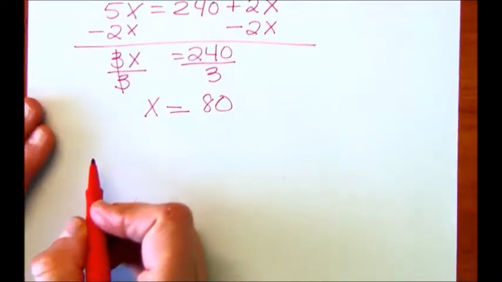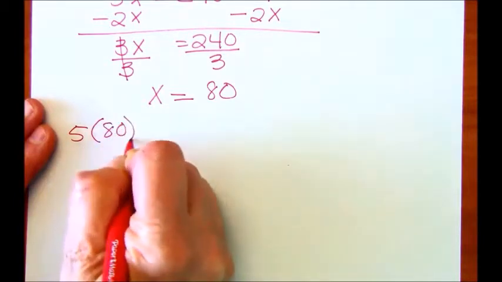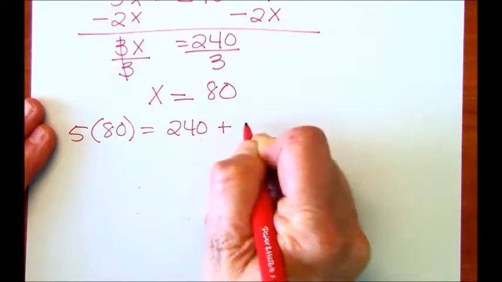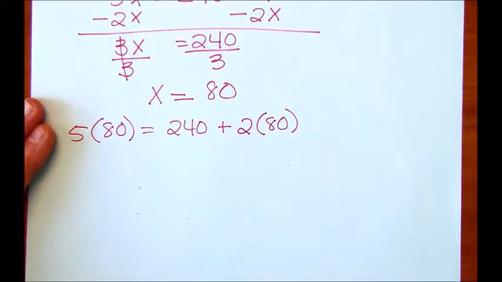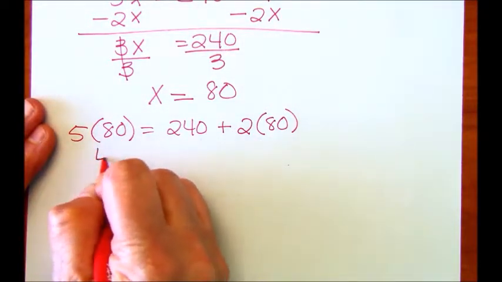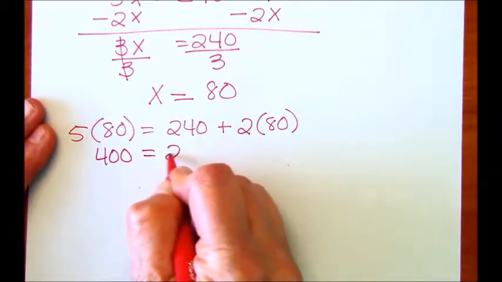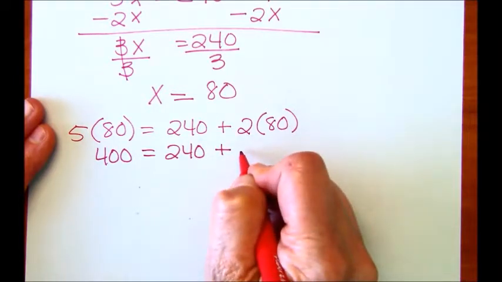Now it's important to check your work. 5 times 80 equals 240 plus 2 times 80. 5 times 80 is going to give you 400. 240 plus 2 times 80 is 160.